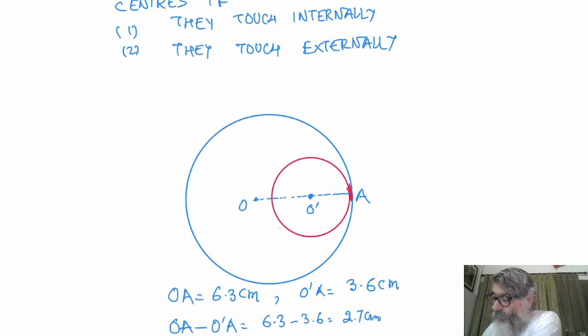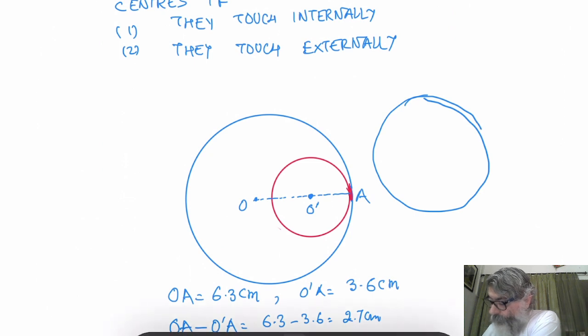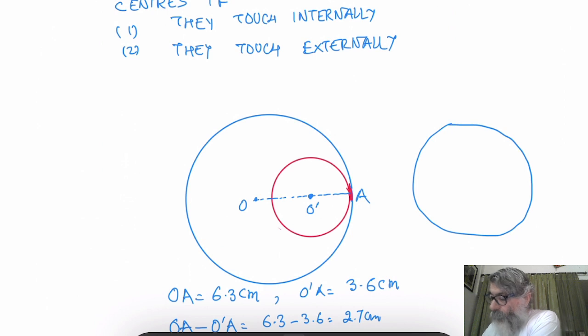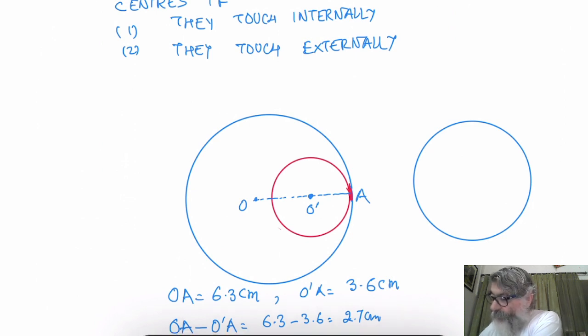Now let us see. Let me draw another circle. Now the radius will look different, but I'll assume the radius to be the same.